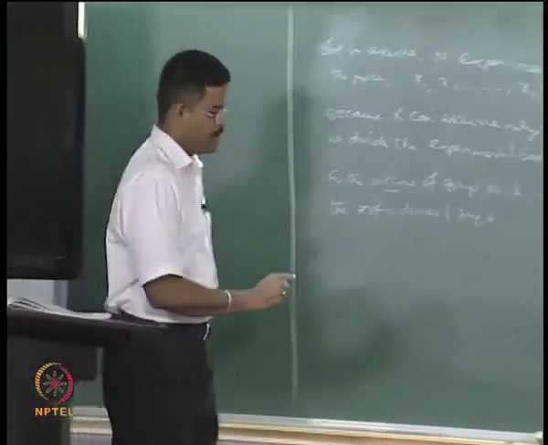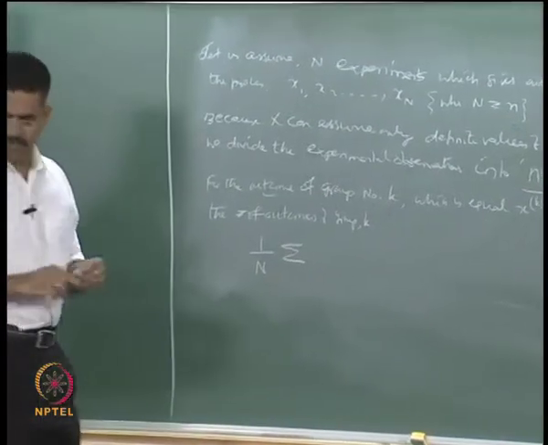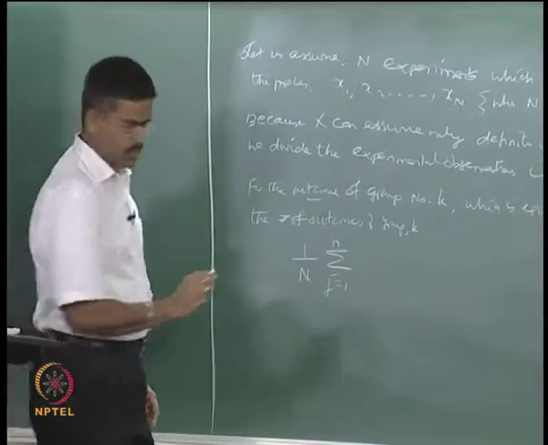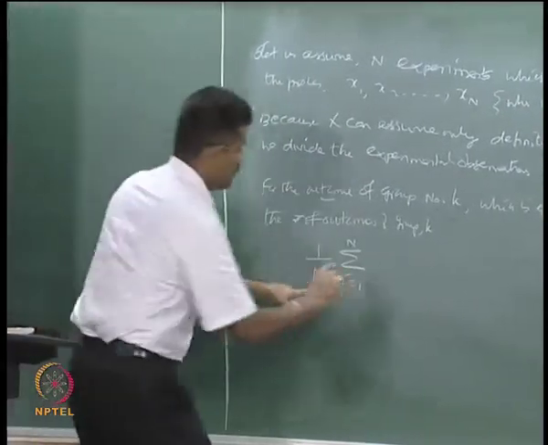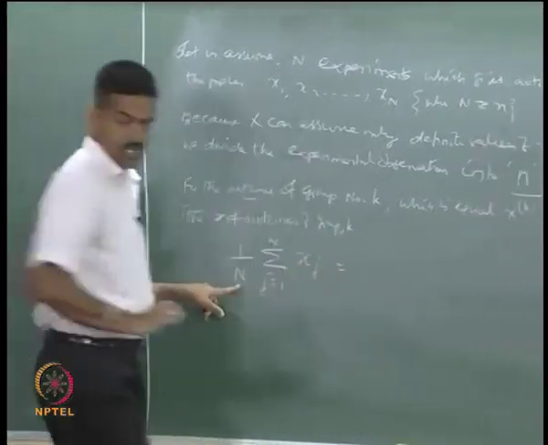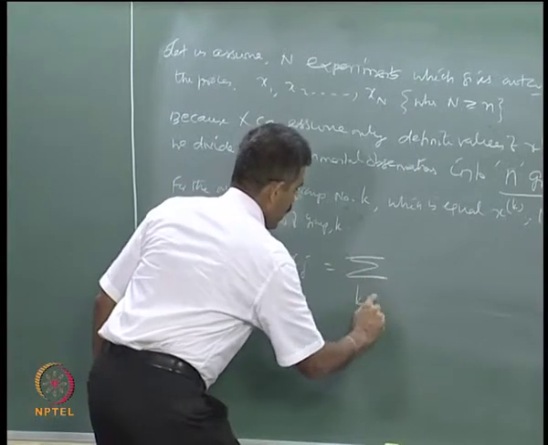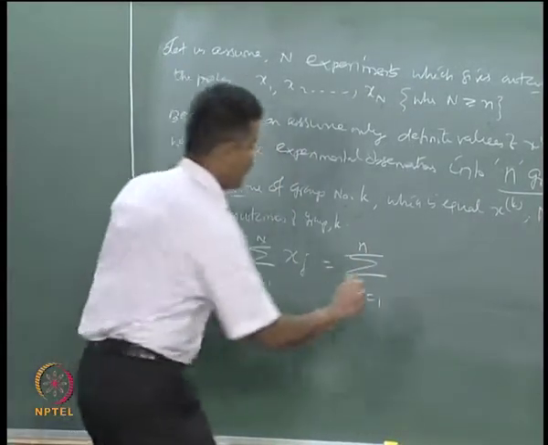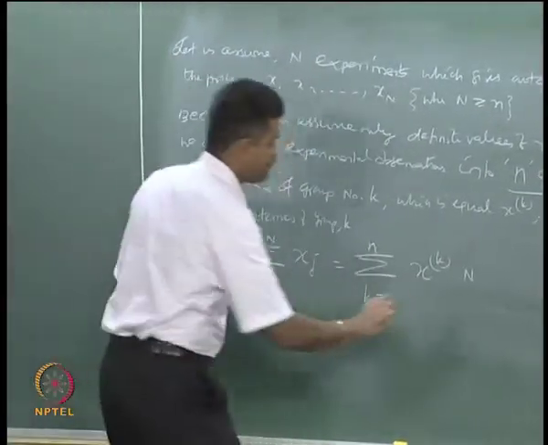In that case, 1 by N of summation of j equals 1 to N, so this is capital N because my summation is on capital N, xj is given by summation of k equals 1 to small n, that is the group, x of k, Nk by N.